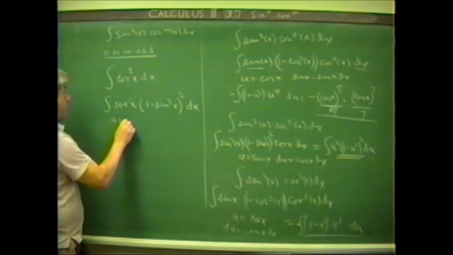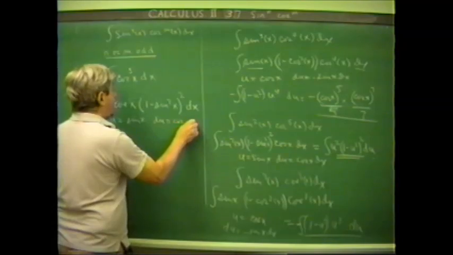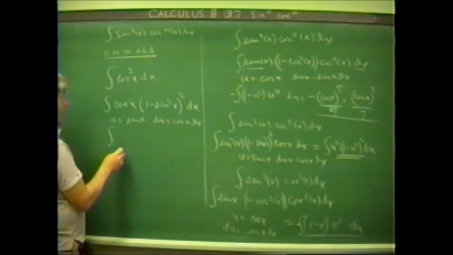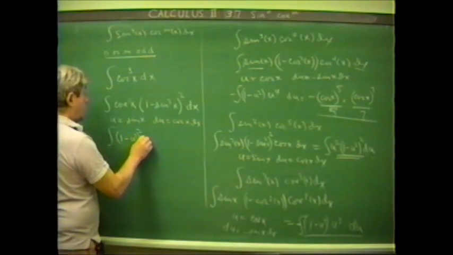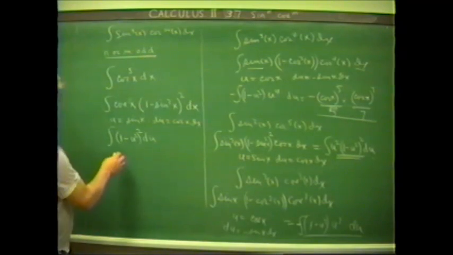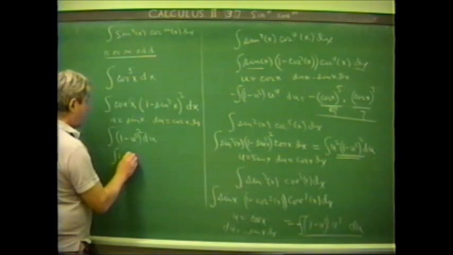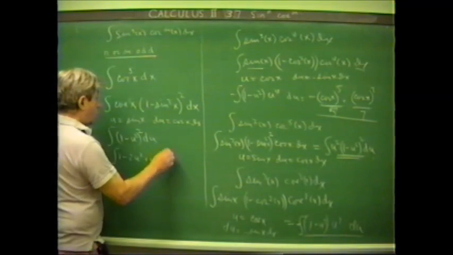And now here, if we let u equal sine x, du is cosine x dx. We find that we're looking at the antiderivative of 1 minus u squared squared du. Which of course is going to be what? The antiderivative of 1 minus 2u squared plus u to the 4th du.